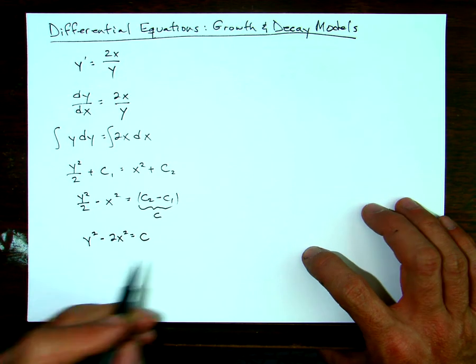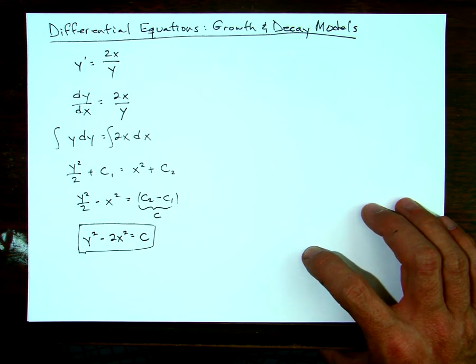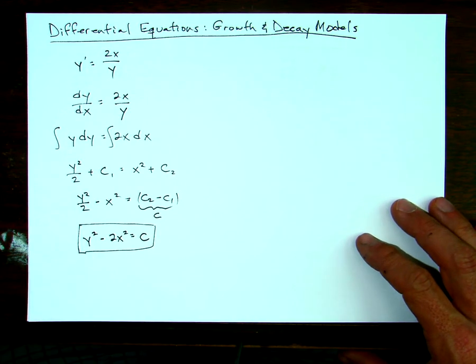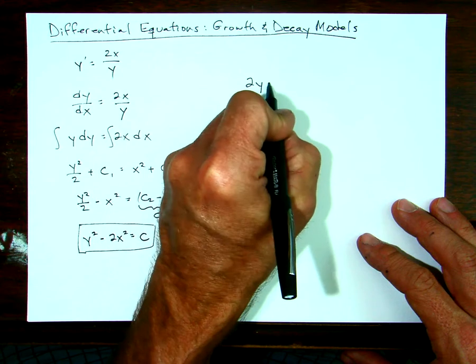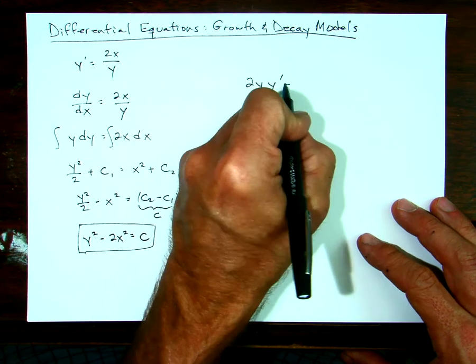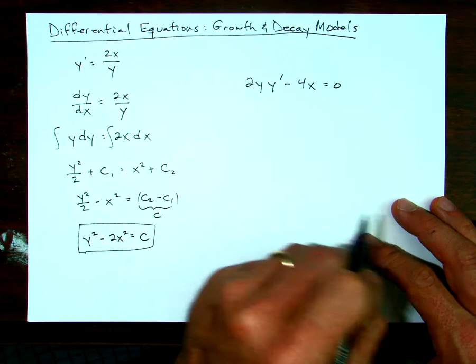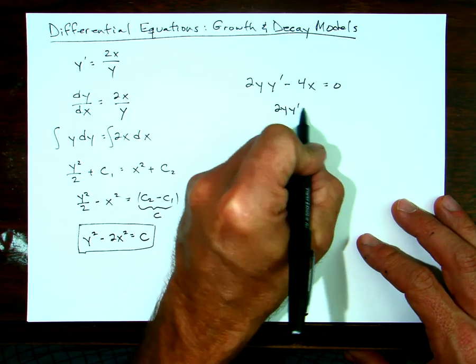So this would be the general solution, and we can verify that. Let's just check that. If I take the derivative using implicit differentiation, for y squared I get 2y times y prime, minus 4x, and the derivative of any constant is 0. So let's solve for y prime here. I'll bring the 4x over, so I have 2y y prime equals 4x.